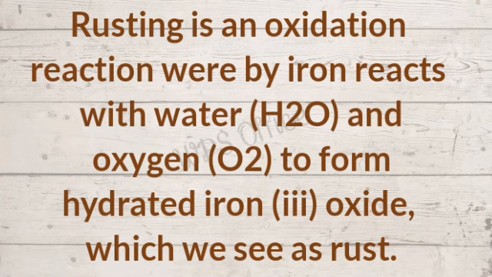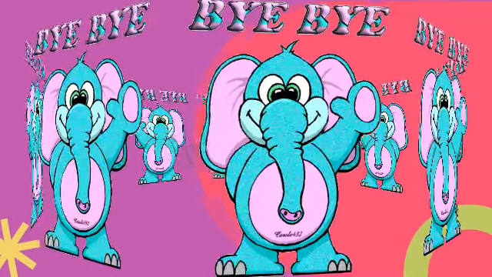So you can say rusting has occurred in a chemical reaction when iron or metal reacts with water and oxygen.